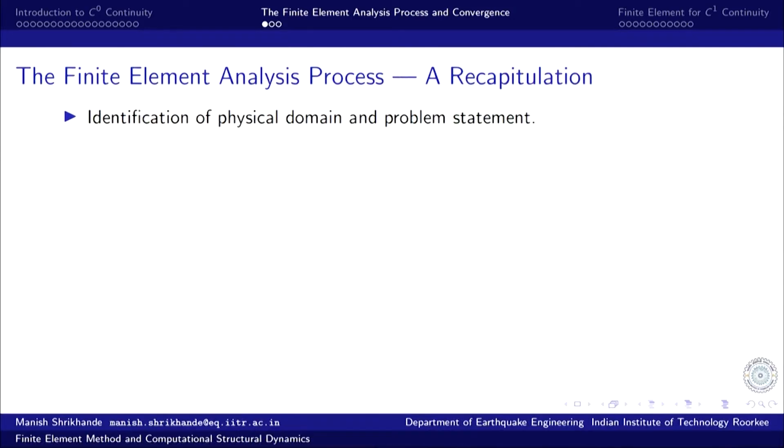But before that, let us recapitulate the entire process of finite element analysis the way we had done. The first step is the identification of the physical domain and the problem statement: what is the problem that we are trying to solve and what is the domain of the problem. So, the boundaries have to be fixed first. Then derive the governing differential equation: find out what is the applicable governing differential equation for the problem, what is the domain of applicability, and what are the associated boundary conditions for the problem.